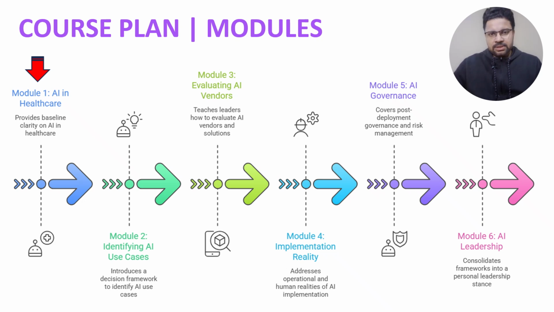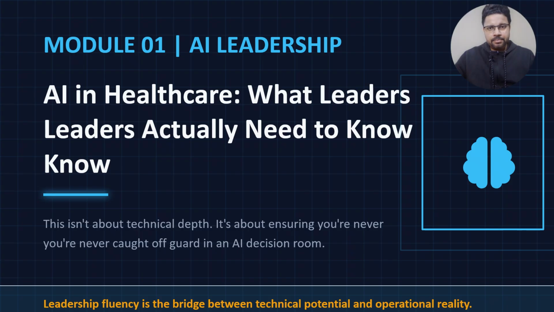So we will start with the module plan, as I have shown before in my introduction as well. We are going to start with module number 1, where we establish a clear, practical understanding of what AI actually means in healthcare organizations. This module is about building your leadership fluency.